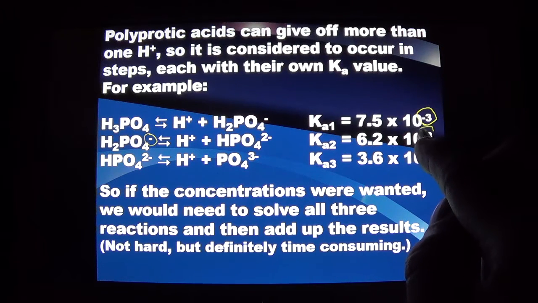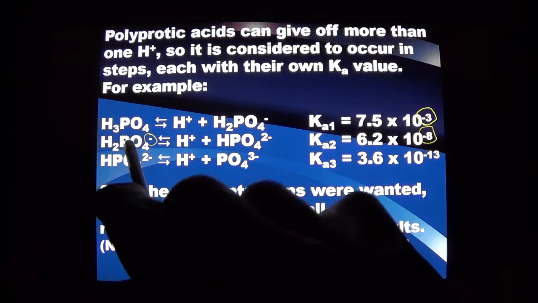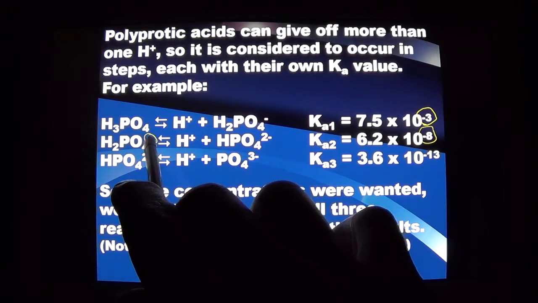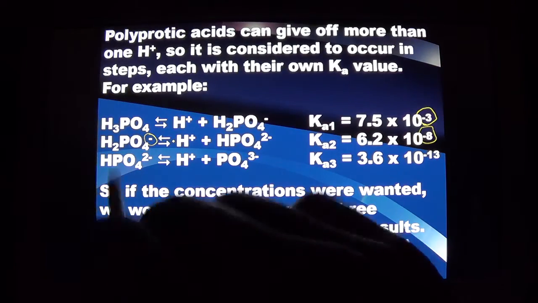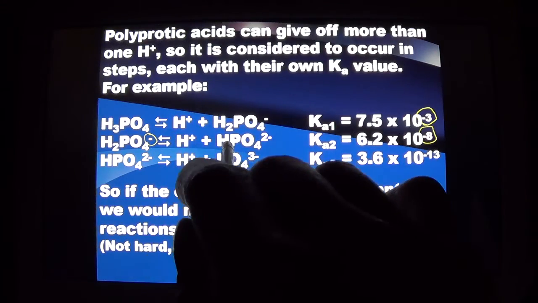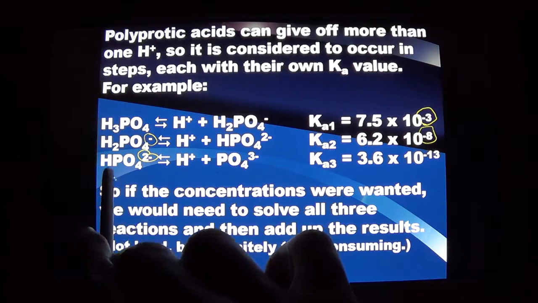Now notice the large jump in the negative exponent, meaning the Ka is a lot smaller now, much less than 1. So there's a noticeably big difference between the first and the second, mostly due to the fact that the rest of the ion already has a negative charge. It's going to be hard to lose a positive when opposites attract, Coulomb's law. But it does happen, and let's say that ion, now with a -2 charge, loses a hydrogen.